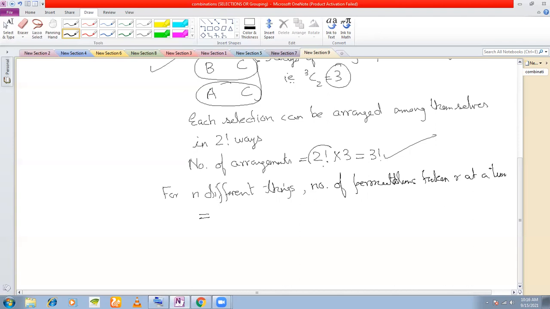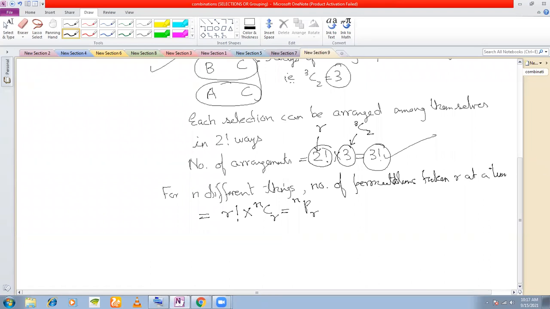If we are taking r at a time, because here we took 2 at a time, it's factorial r into what is this? 3C2, that is nCr. And what is this? nPr, right?